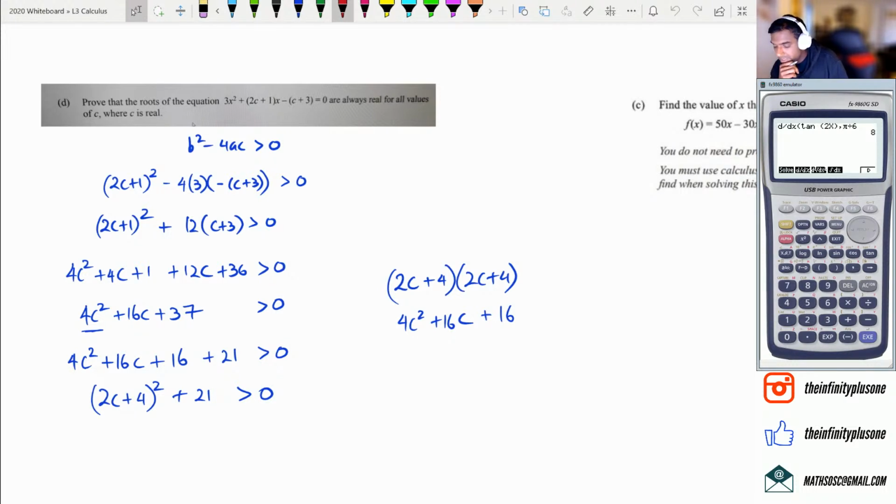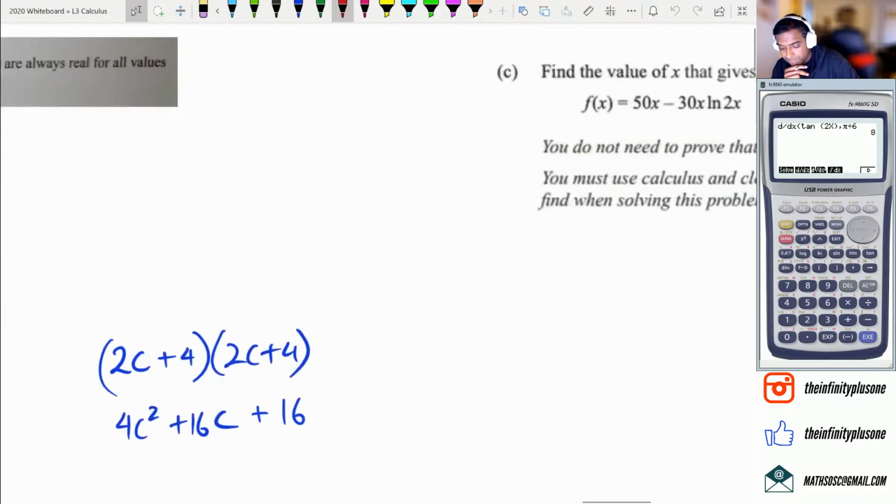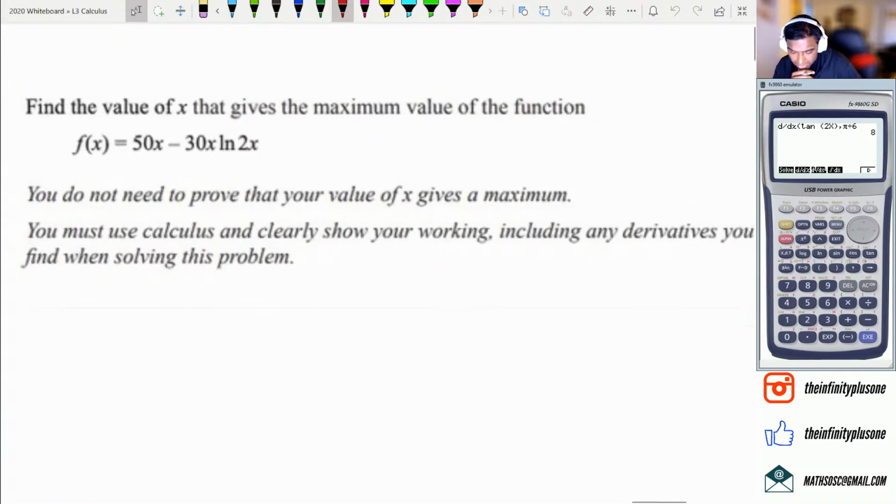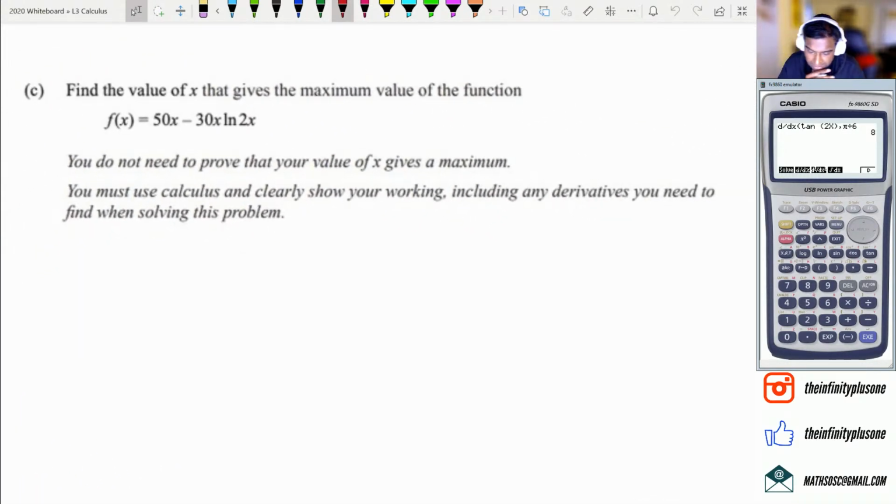Therefore, that number will always be positive, and because it's always positive, you're going to get two roots. All right, so here we go. Try this question here. We want to try and find the maximum value of this particular function.